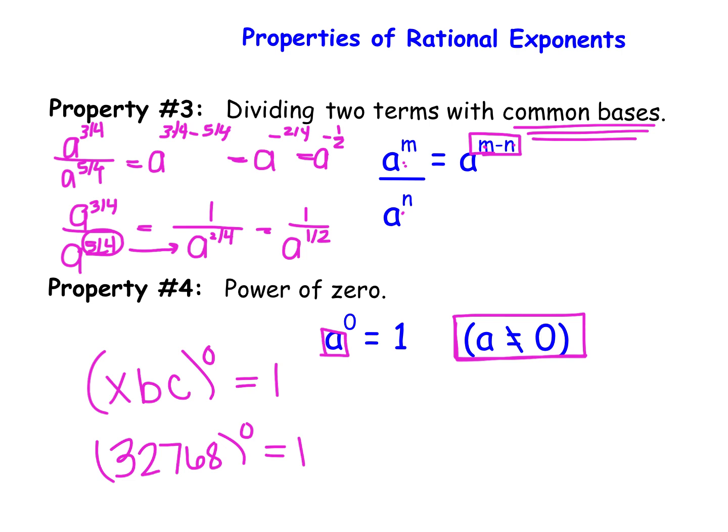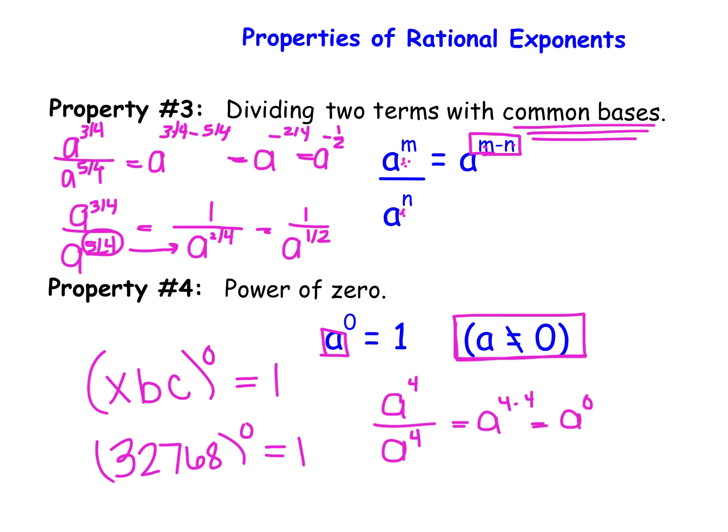So anytime we have a base raised to a power of 0, it is going to equal 1. And that's because if we apply that division property we just talked about, so say we had a to the power of 4 over a to the power of 4. Well, we just learned that if we're dividing with common bases, that is going to become a to the power of m minus n, or the numerator minus the denominator, so 4 minus 4, which is a to the power of 0.